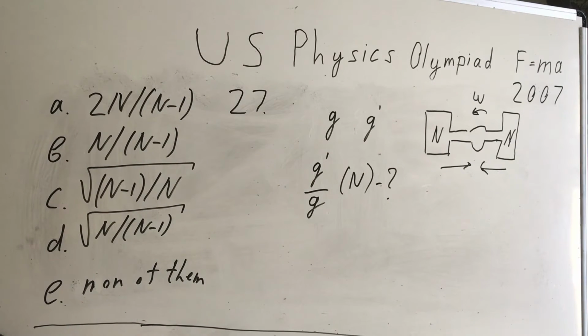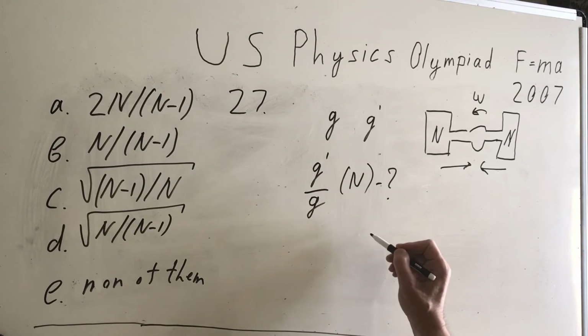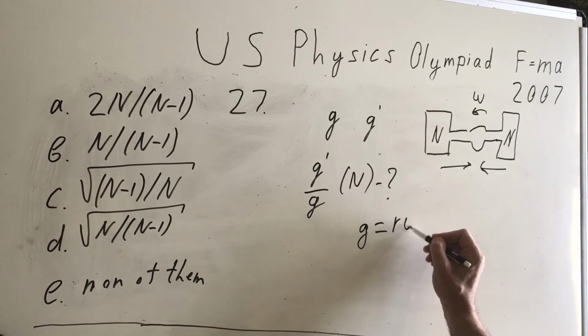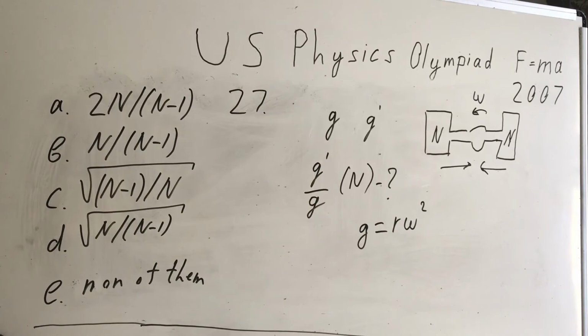To solve this problem, we need to use two conclusions. First, we know that the gravitational field equals r omega square, so r is the same in both cases.